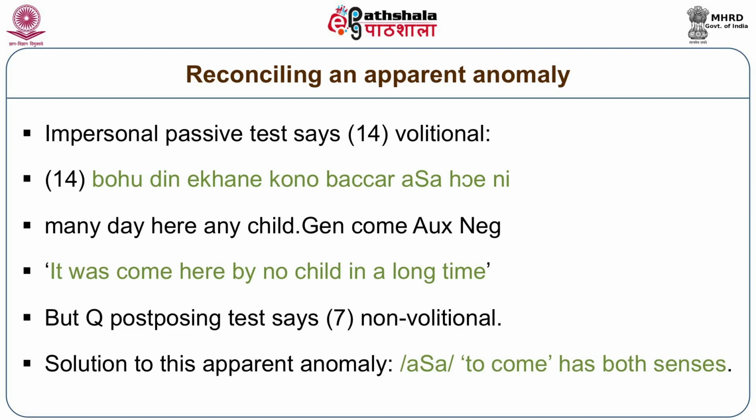So the learner will object, how come this course is encouraging the learner at one stage to think of coming as an event that happens to you for the purpose of quantifier postposing, and at another stage it encourages the learner to say coming is something that you do, and that is why you can get an impersonal passive like sentence 14. How can you have it both ways?